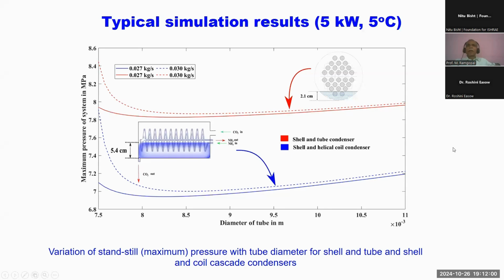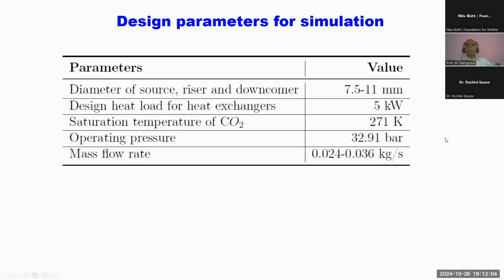Okay, the final configuration we have gone for is the shell and coil. So for the system design, these are the parameters we have varied, because remember that we have to optimize the diameter of the carbon dioxide tubes. We varied it over a range and then optimized the diameter, and we have designed the system for 1.5 TR.